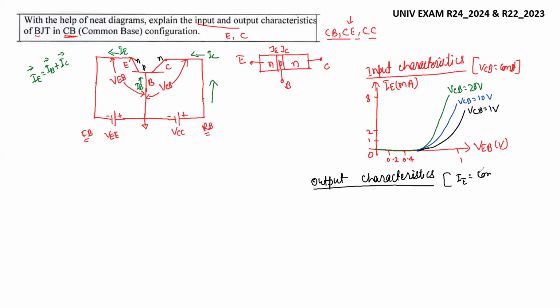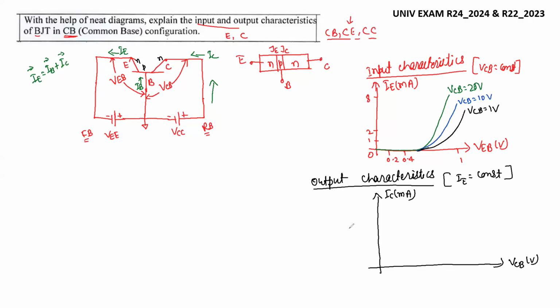This one we are going to take as constant, and the graph will be plotted between the output parameters. So in the output, what do we have? Voltage between collector and base, and which current? Output current is the collector current. This current is also in milliamperes.